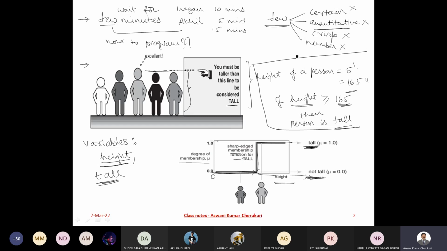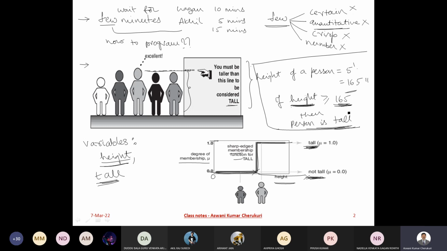We are computing based on a quantitative variable that can assign numerical values. Finally, we are saying that the person is tall. That is the decision we are making, or the classification we are giving.